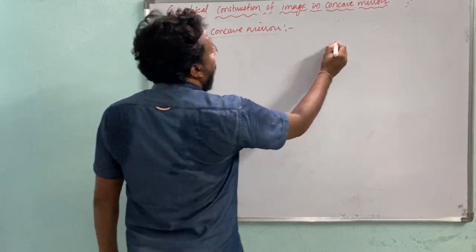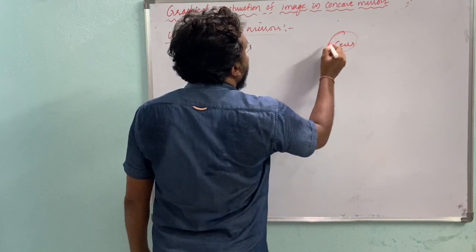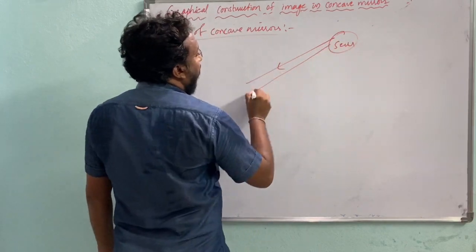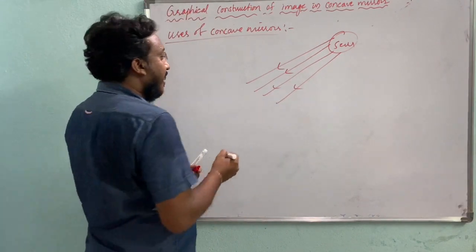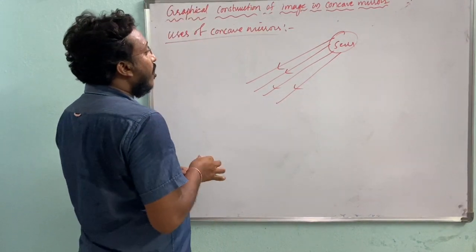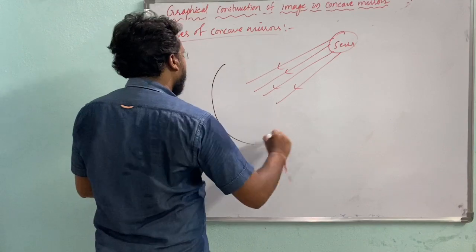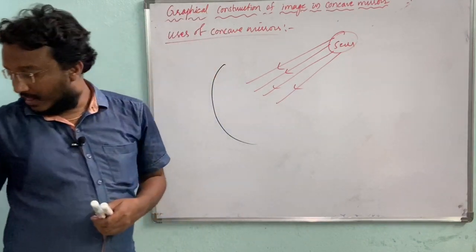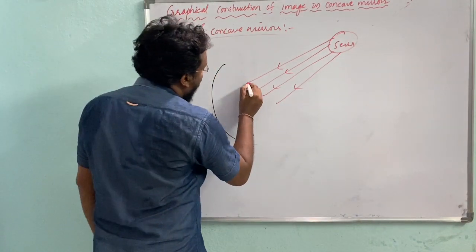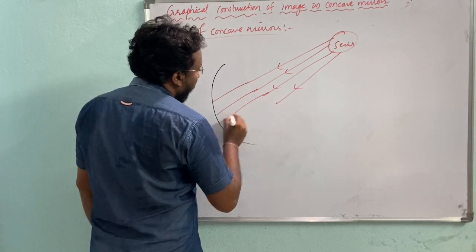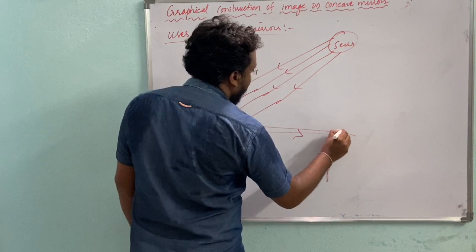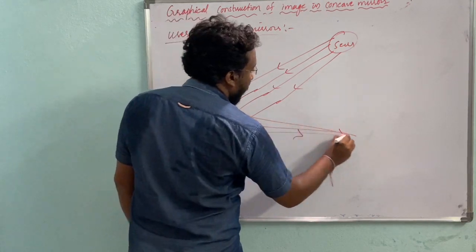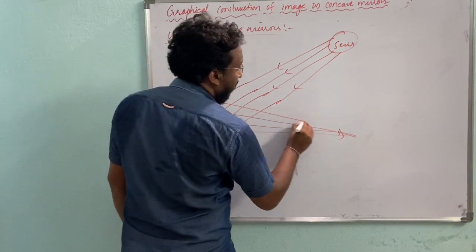For example, here is the sun, and it emits energetic light rays, right? Then if we use a concave mirror, when rays fall on the concave mirror, they all reflect at a point. A parallel beam of light falls on it and reflects at a point, isn't it?